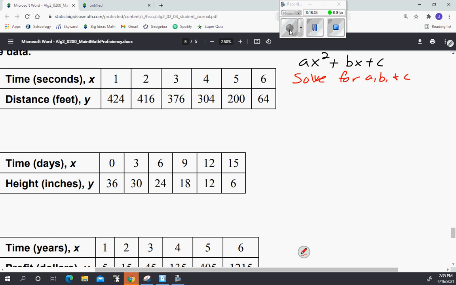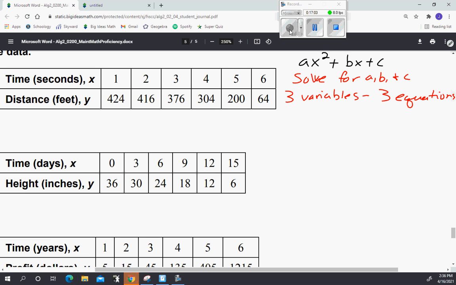Now, in order to solve for 3 variables, how many equations do I need? This comes back from the beginning of this lesson. 3 variables, 3 equations.